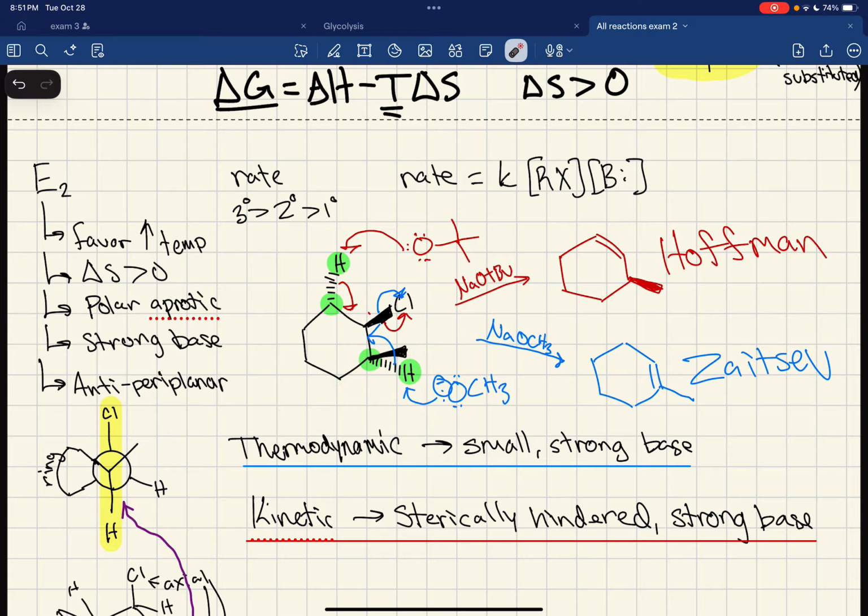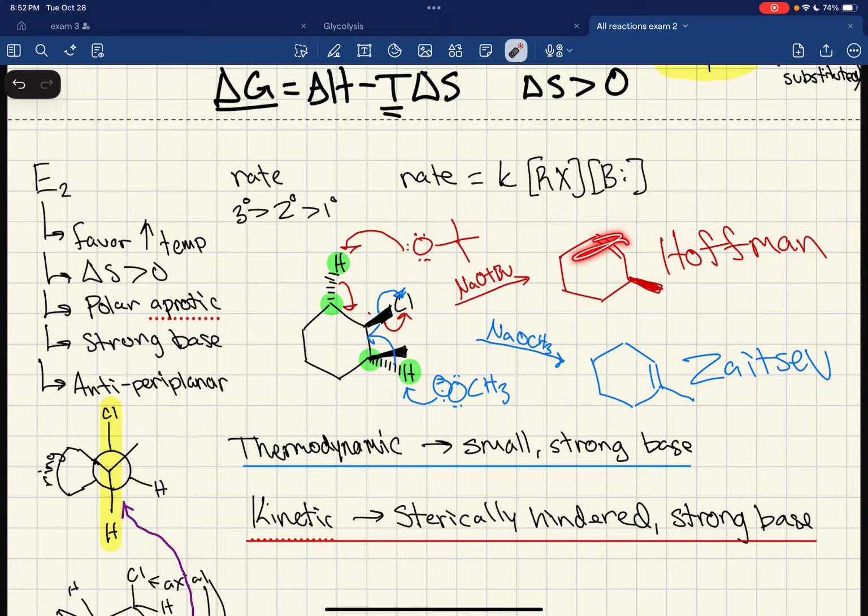It won't be able to come in because of the steric hindrance. So it's going to do an acid-base reaction with the most accessible beta hydrogen, which is this one, because there's less steric hindrance, and it's going to form the kinetic or Hofmann product.